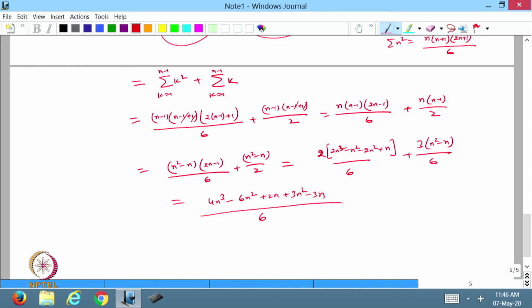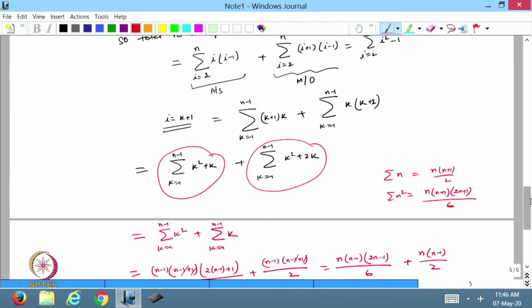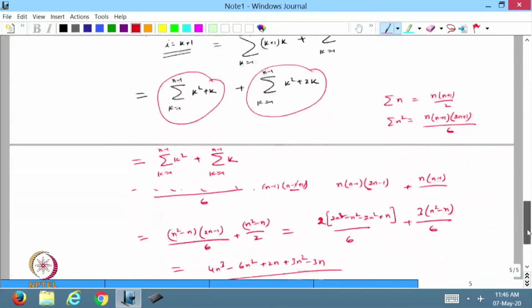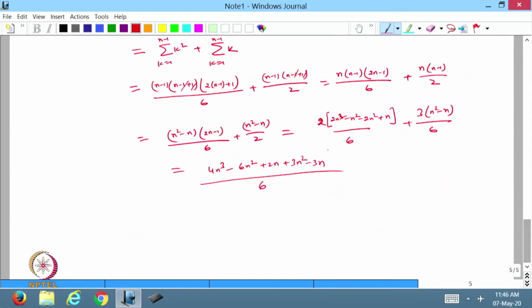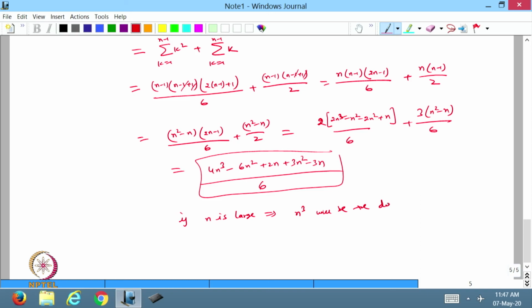And now from here, the same thing I can do for this factor also, though almost the same thing will come except the 2 is there, otherwise the same form will come. Now if I get this type of value, you can see that if n is large, it implies that n cube will be the dominating term.